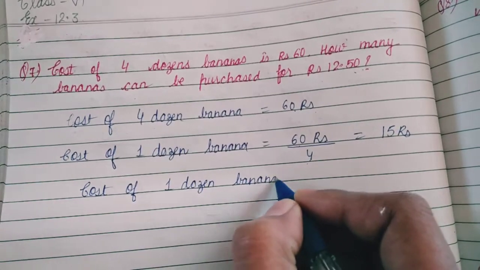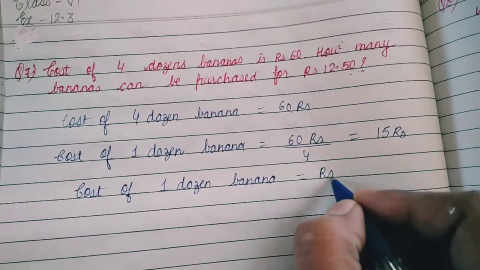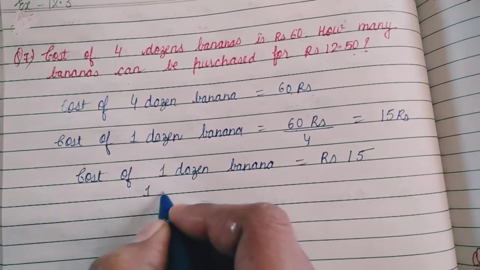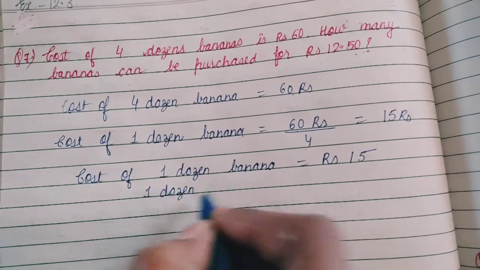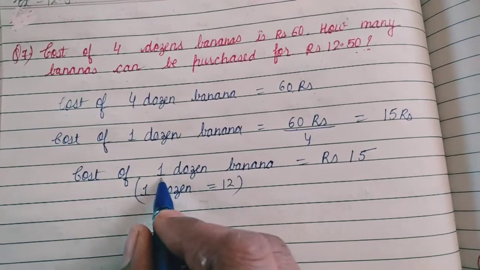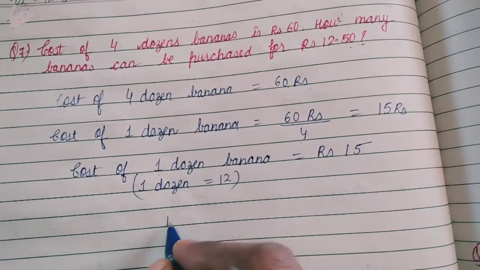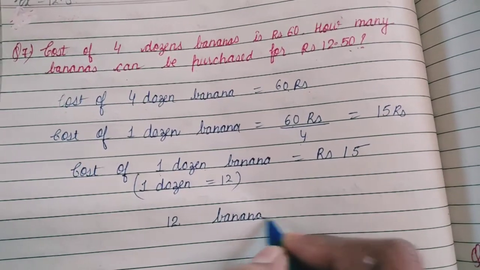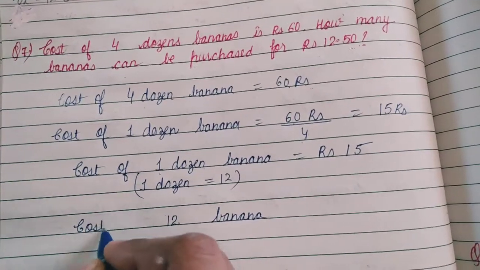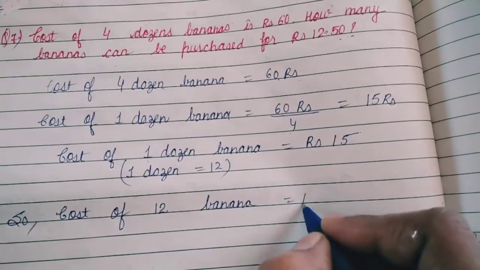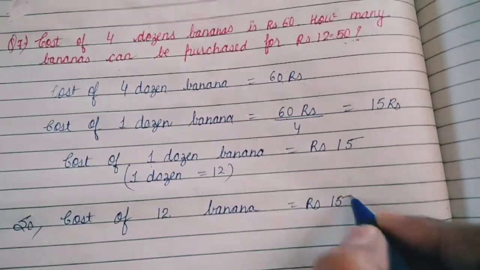And we know 1 dozen means 12 things. It means that in place of 1 dozen we can put 12 bananas. It means that the cost of 12 bananas is rupees 15.